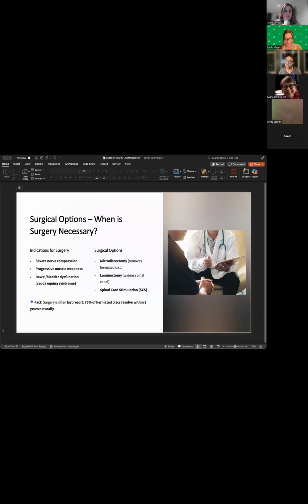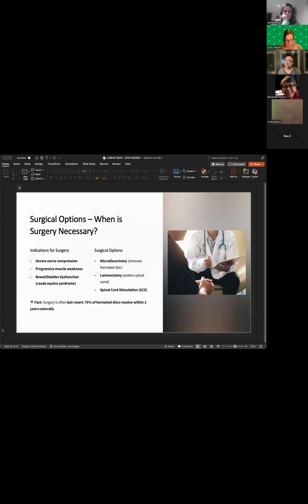Spinal cord stimulation is an amazing treatment modality that has been revamped and is at the peak of its technology in knowing how to mitigate pain, especially when there's nerve root compression.